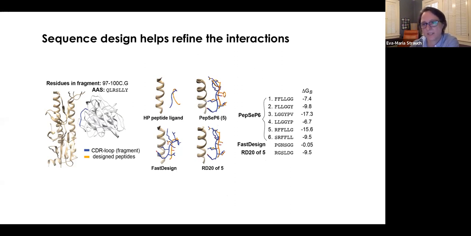and depending on PEPZAP 1 or 6, depends on how many outputs you ask for. You can see that we do a pretty decent job actually calculating this antibody loop. And so essentially what happens is that once you start having a refinement step of the amino acid sequence design, it can help you refine the backbone a little bit more.